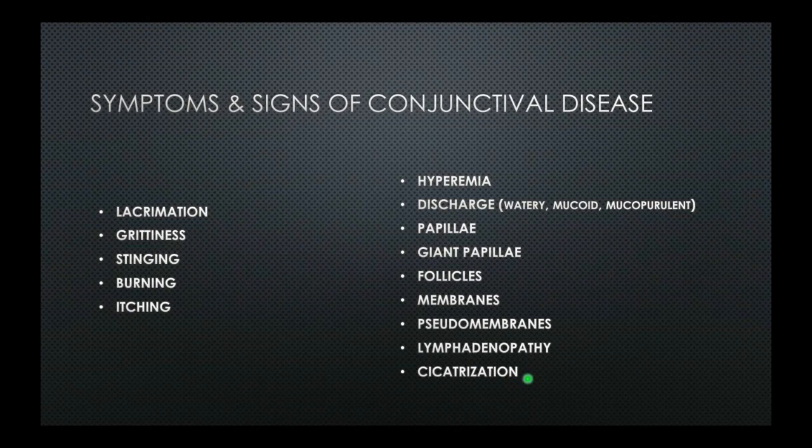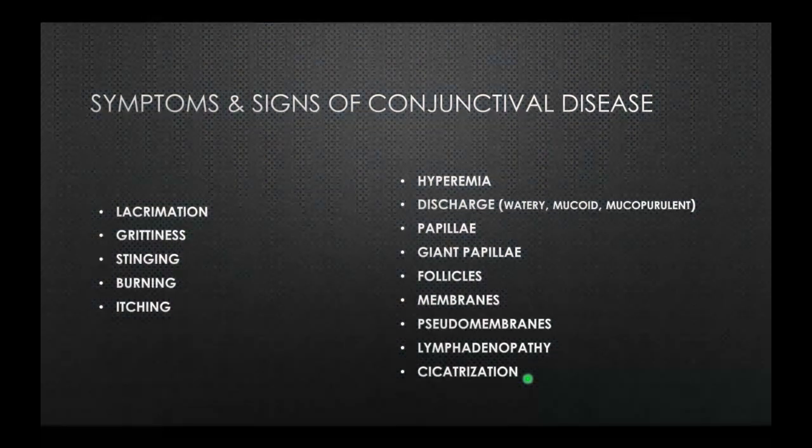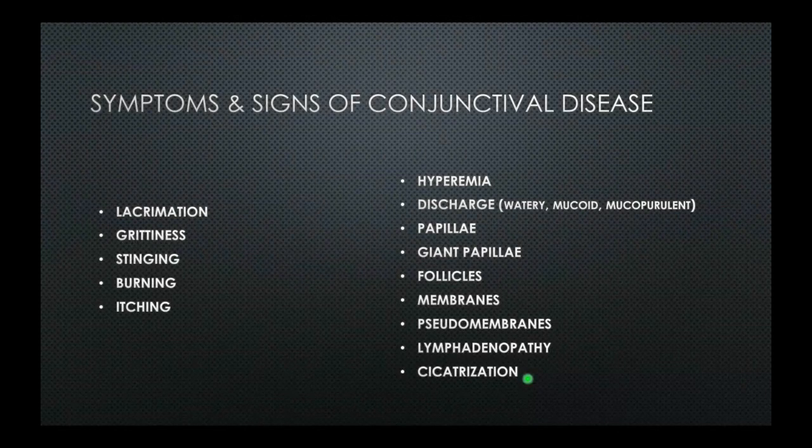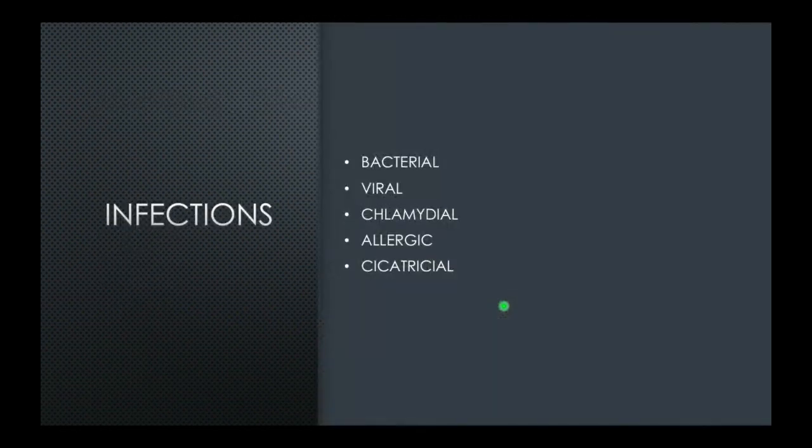The conjunctiva itself can grow onto the cornea, carrying the conjunctival blood vessels with it. So if the conjunctiva grows onto the cornea due to chronic inflammation, you tend to have a lot of cicatrization as well, all right? And so these are some of the signs that you will actually see when you examine a patient with conjunctival disease, all right?